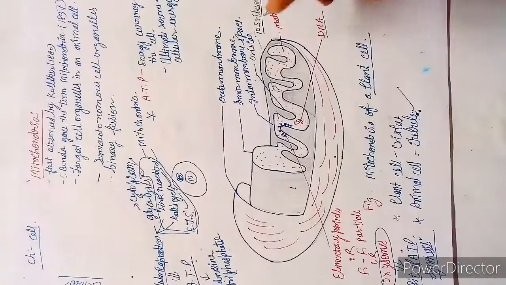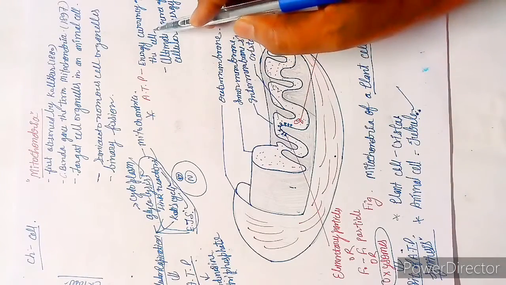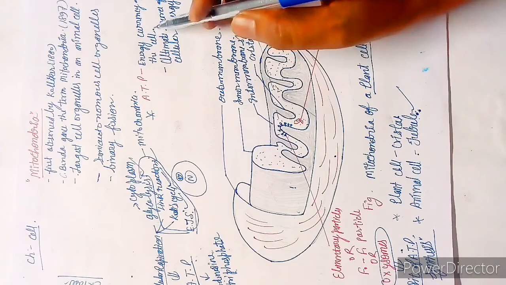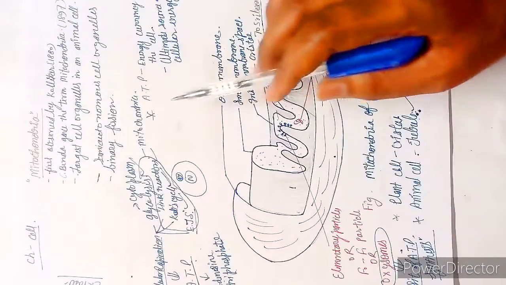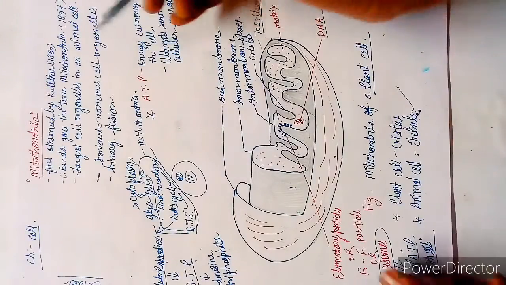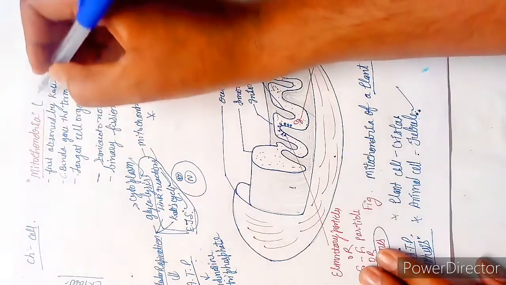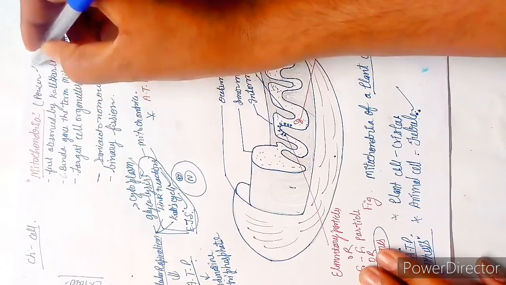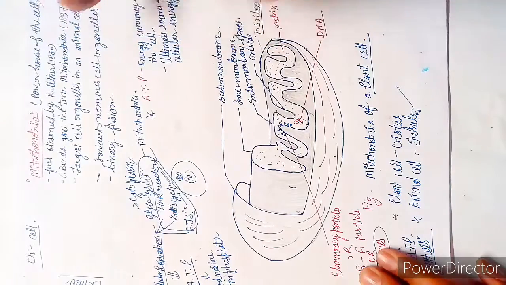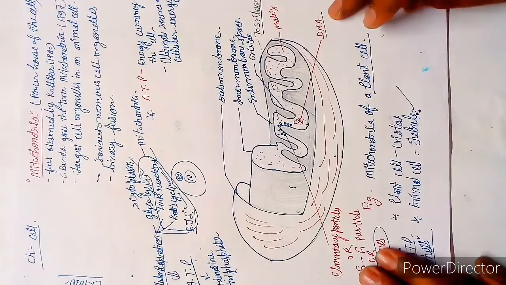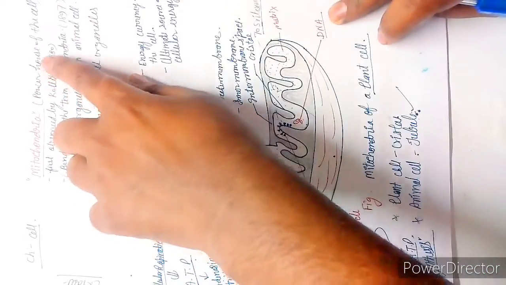One more thing, let us study more about the ATP. ATP is also called the energy currency of the cell. Which means mitochondria is also known as the powerhouse of the cell, whether it is a plant cell or an animal cell, in both cases. Sorry students, powerhouse of the cell.